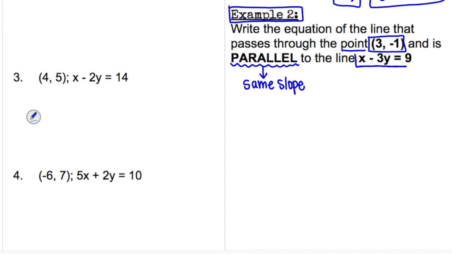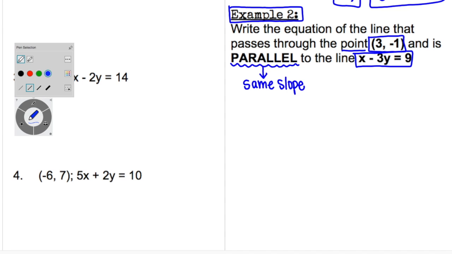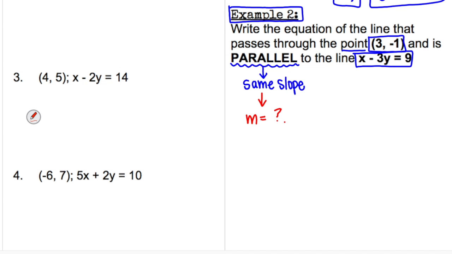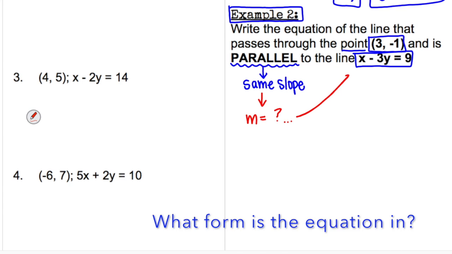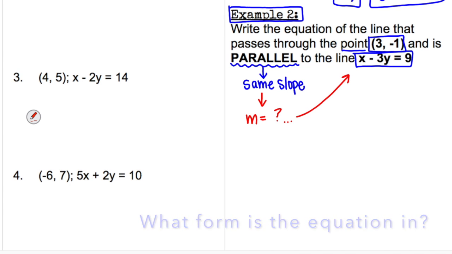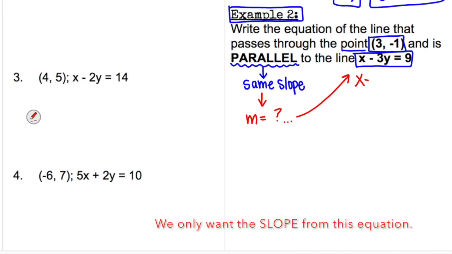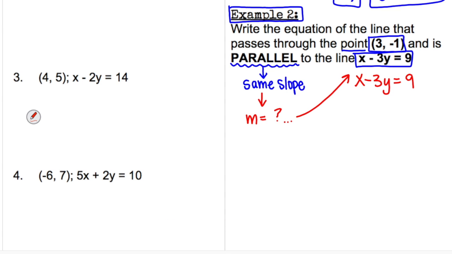Looking at the equation we have, x minus 3y equals 9, it does look a little bit different than the one in the last example, and that is because it doesn't have the slope shown to us. That equation is in standard form. So we have to do a little work to find the slope, which is the one piece of information that we want from that equation.